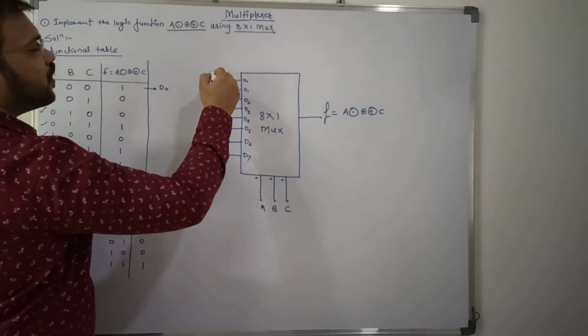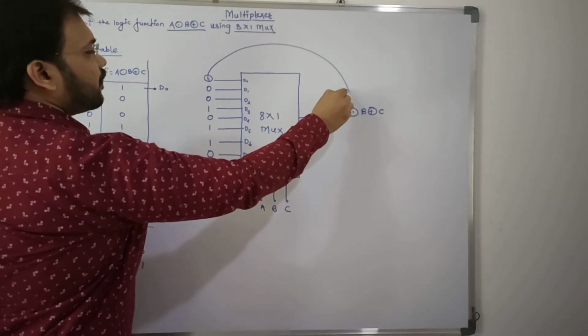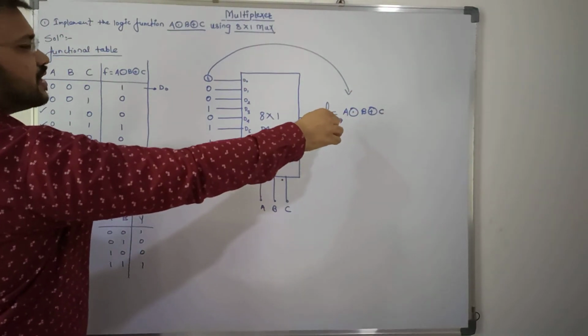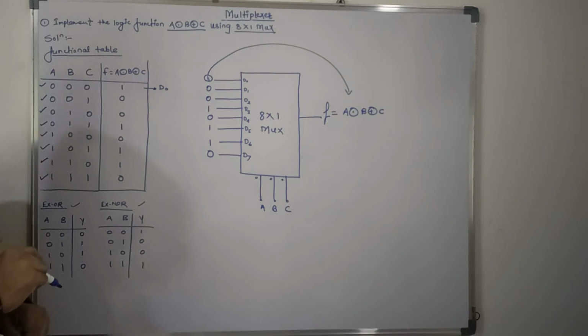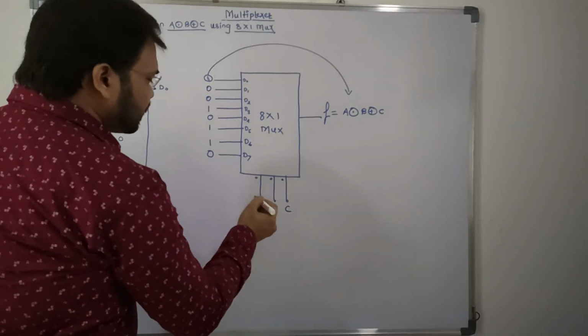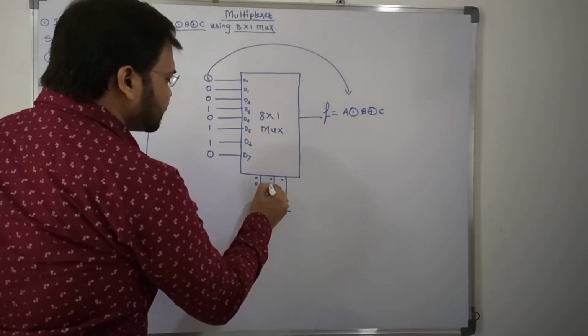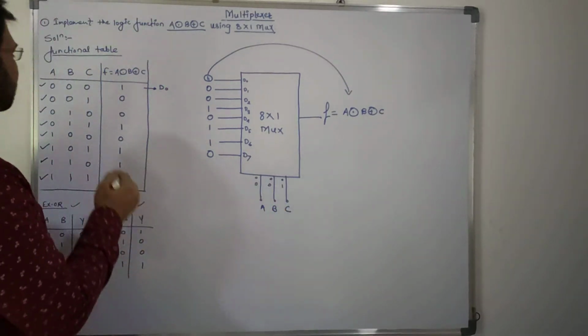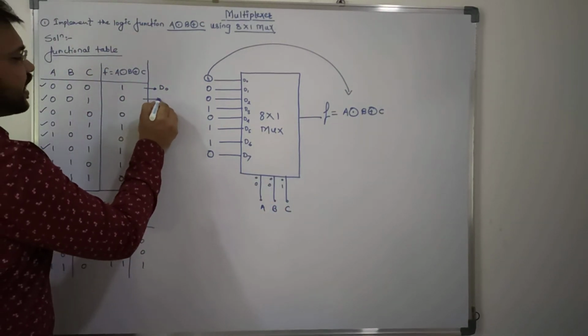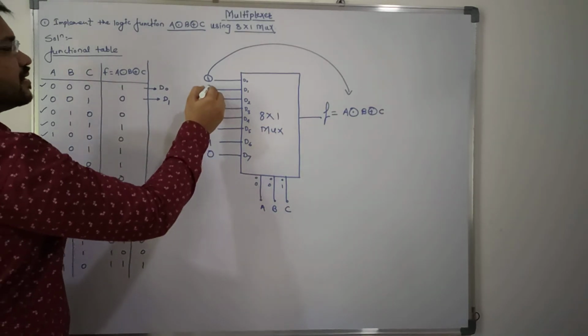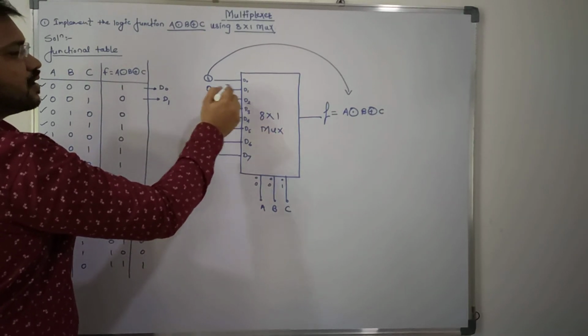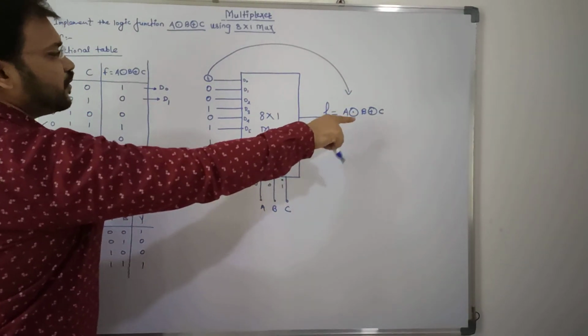Similarly, for 0 0 1, D1 is selected and the value of D1 is 0, so the function value is 0.